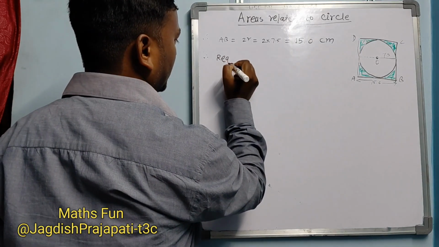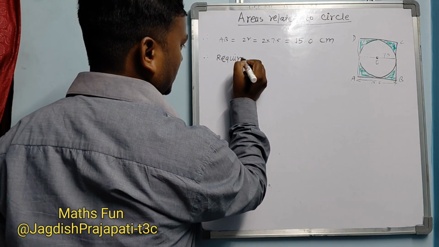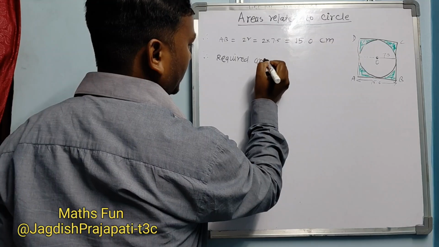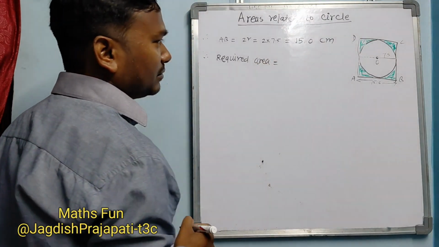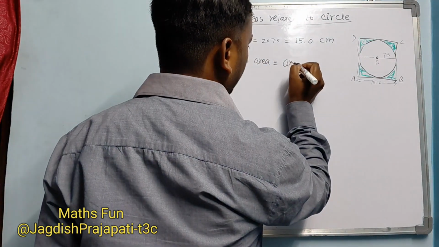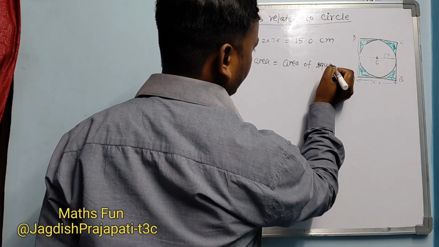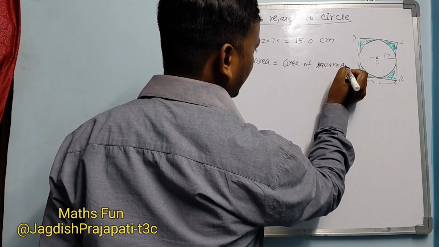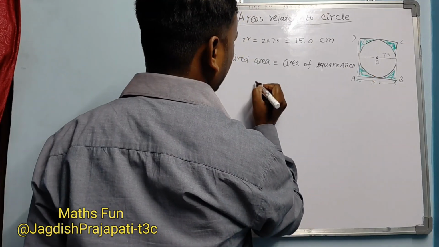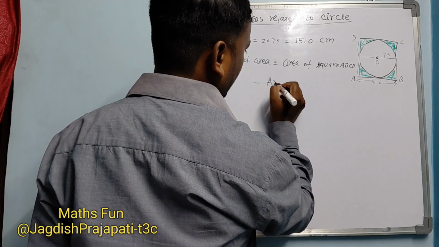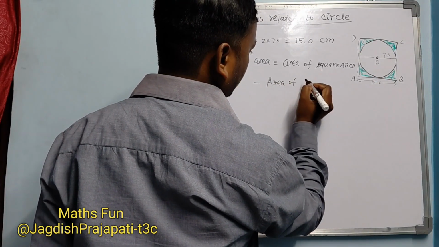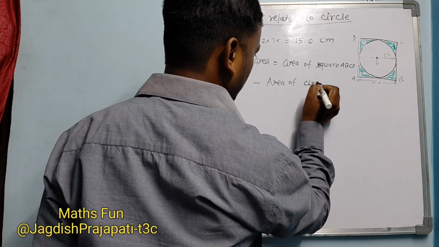Required area will be area of square ABCD minus area of circle.